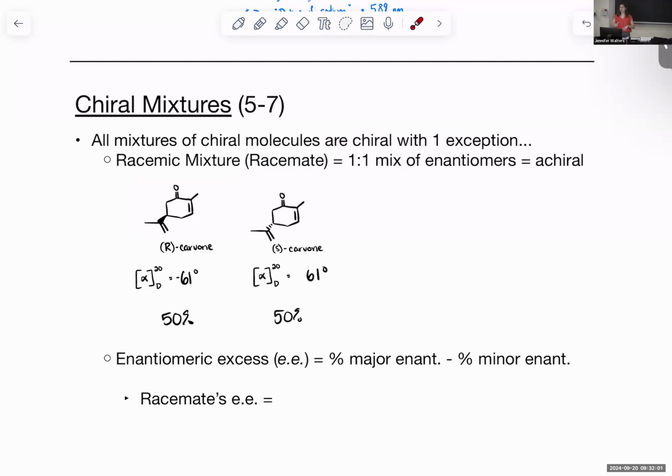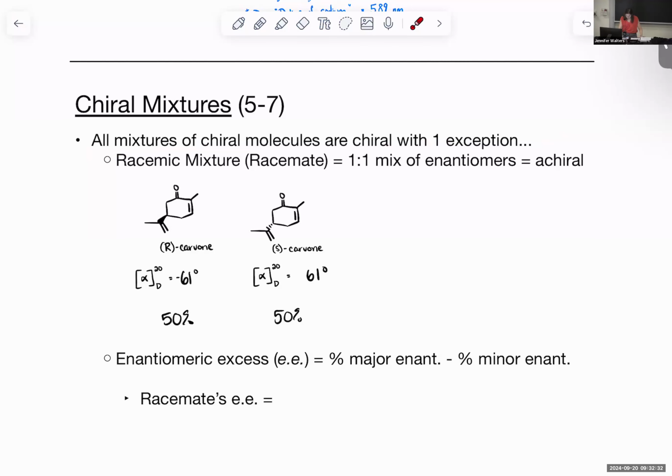So usually, majority of the time, mixtures of chiral molecules are chiral mixtures. The only way that you are not is if you have exactly a one-to-one mixture, 50% of one enantiomer, 50% of the other, 50% R, 50% S, then you're an achiral mixture. So you have chiral atom, chiral molecule, and then racemic means achiral, you lose chirality at the mixture level.